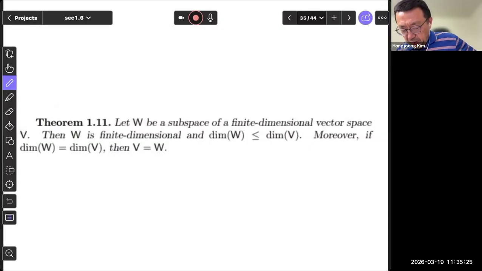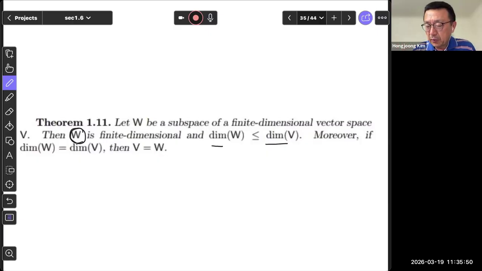And if W is a subspace of a certain vector space V, then the dimension of the subspace cannot be greater than the dimension of V. Now, what does the dimension imply?